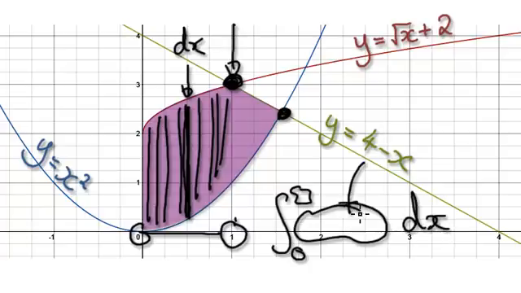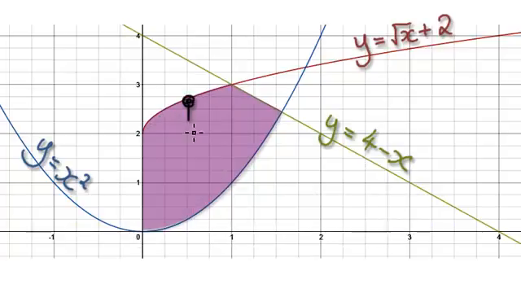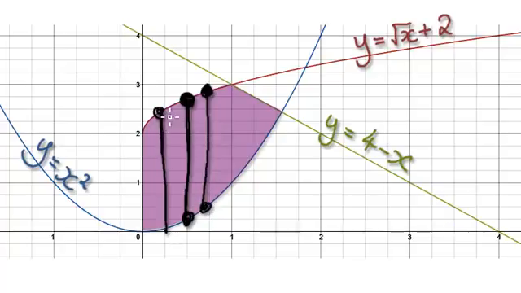What goes in here is really the red line, take away the blue line. This length here is given by the red line, take away the blue line.